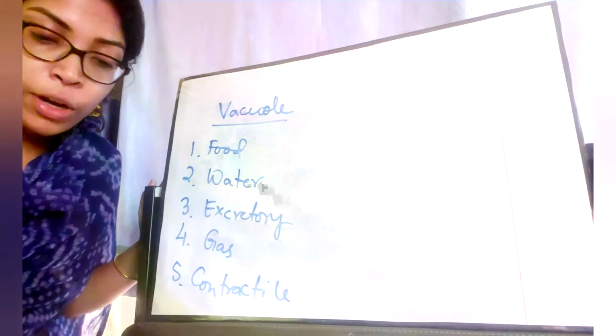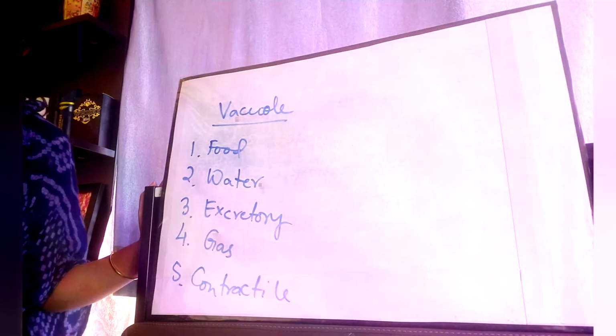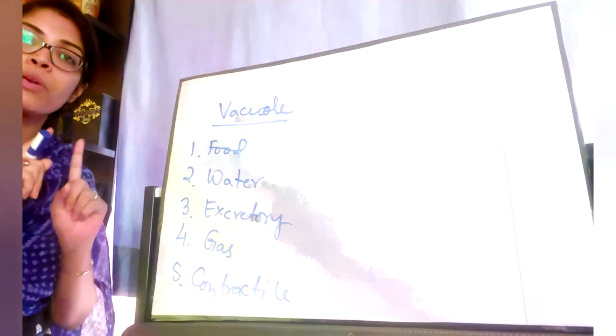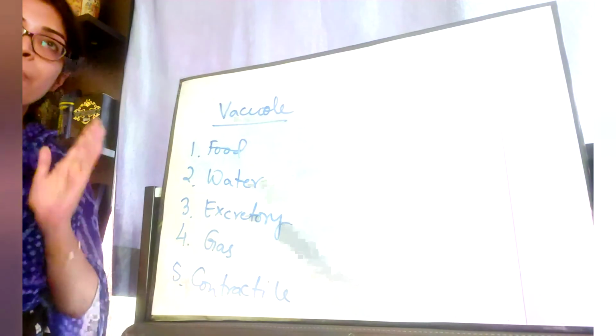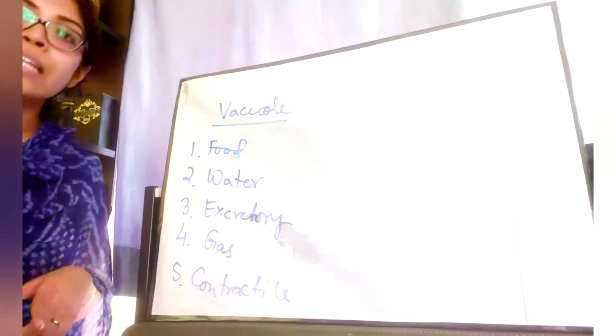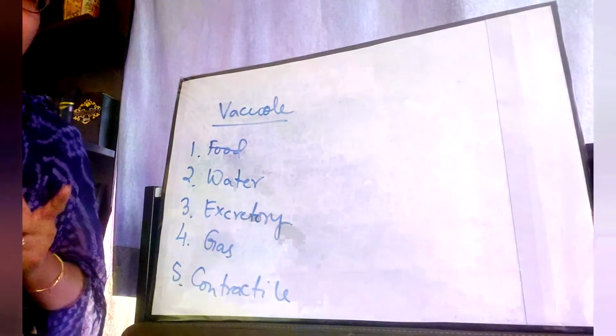Under ultrastructure, at the outer margin of the vacuole, the membrane that separates the cytoplasm and cell sap is known as tonoplast. The membrane covering the vacuole separates the watery cell sap within the vacuole from the cytoplasm, and that membrane is known as tonoplast.